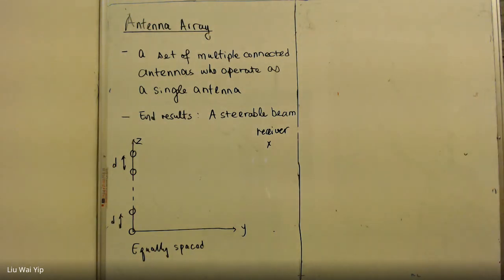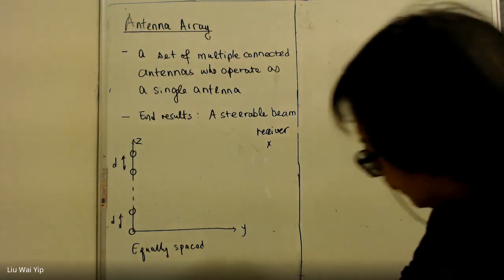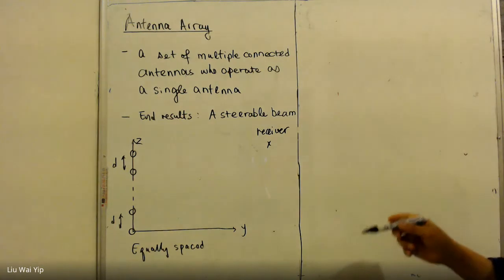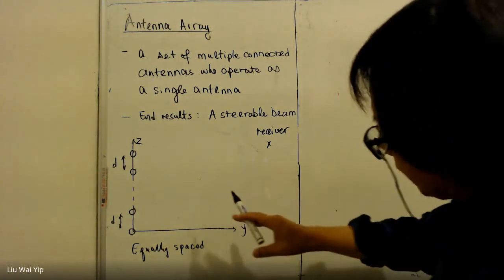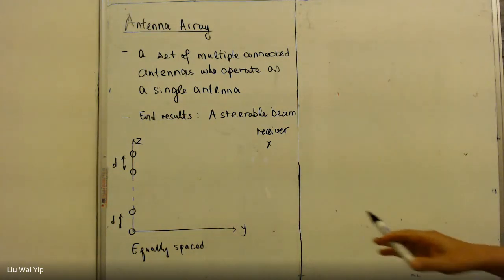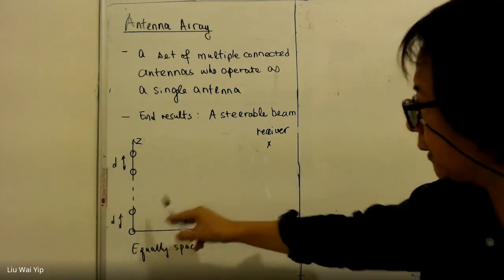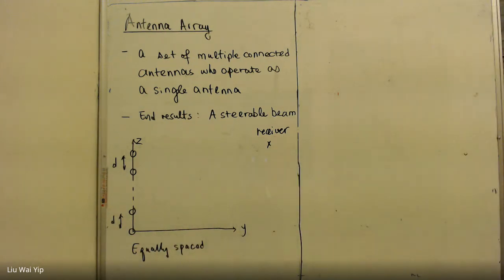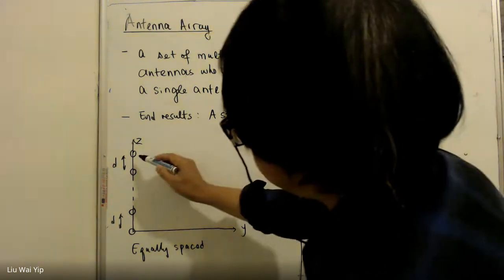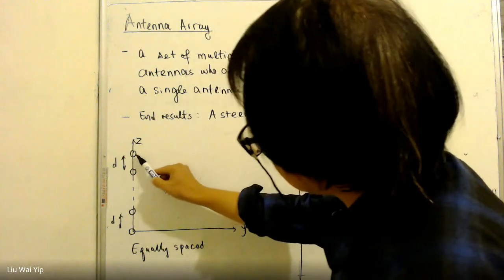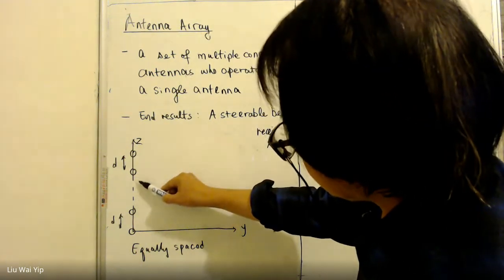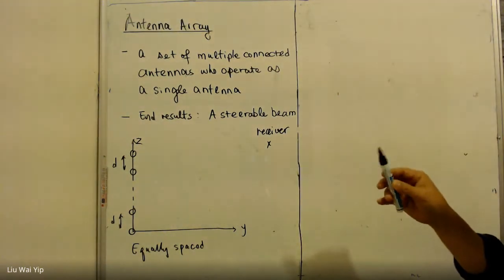It is very, very far. In this case, because the distance between the antenna array and the receiver is very long, the direction of each antenna will not be very much different.